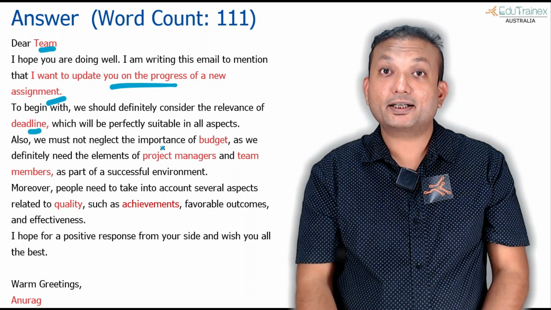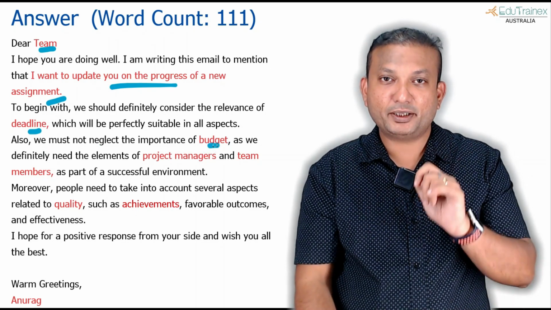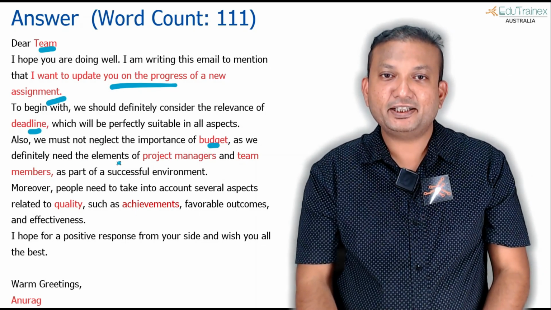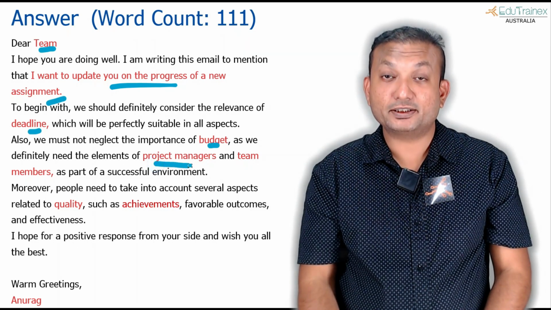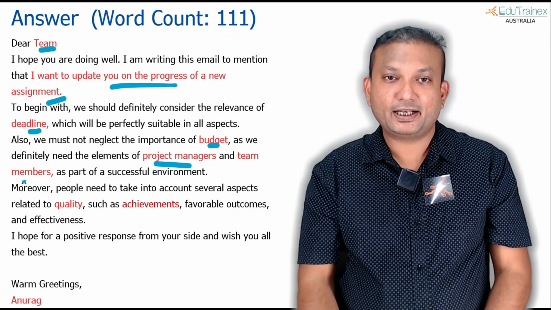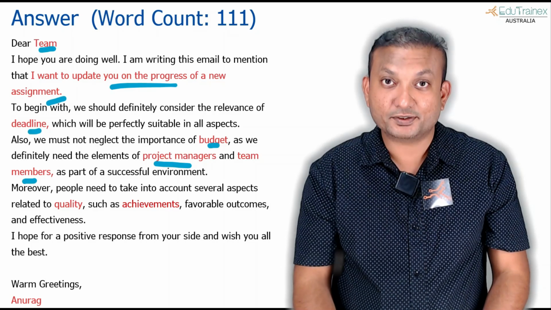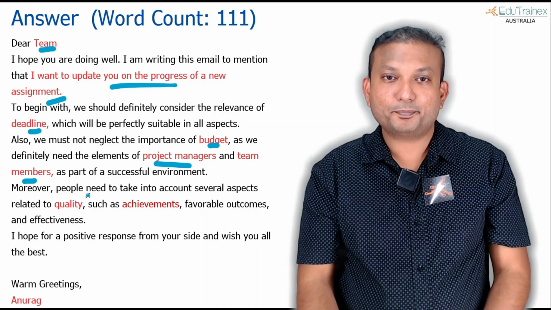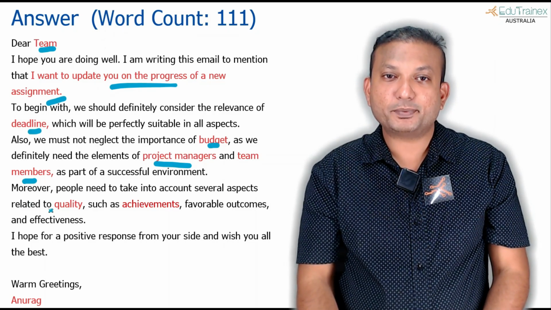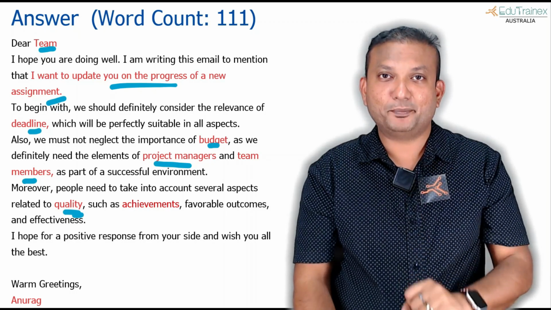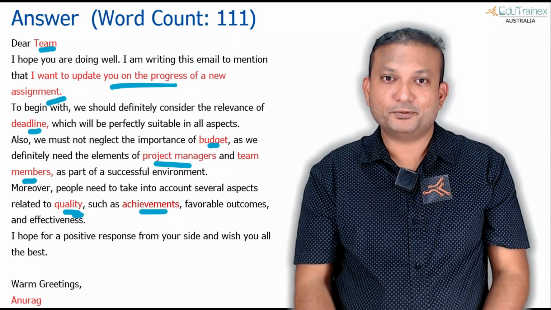Also, we must not neglect the importance of second main point, budget, as we definitely need the elements, and then we put the keywords in plural form, project managers and members as part of a successful environment. Moreover, people need to take into account several aspects related to third main point and third keyword here.